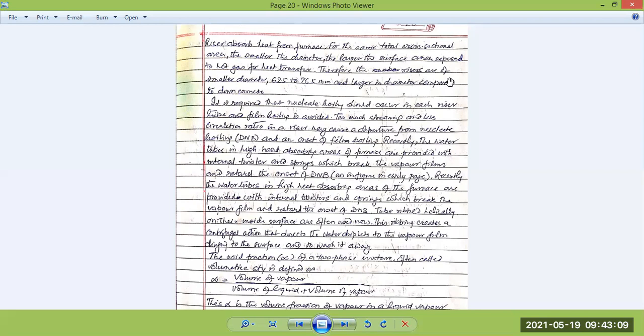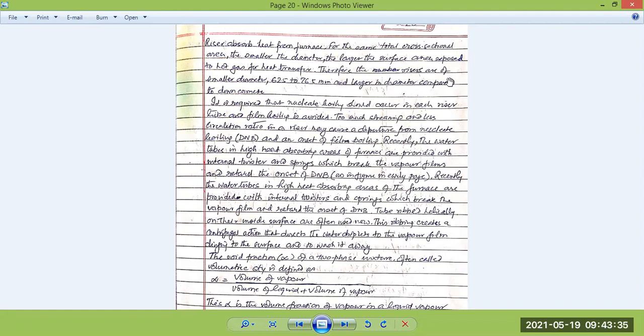It is required that nucleate boiling should occur in each riser tube, and film boiling is avoided. Film boiling forms a film of vapor around the surface of the tube itself, whereas in nucleate boiling the vapor accumulates in a particular area.